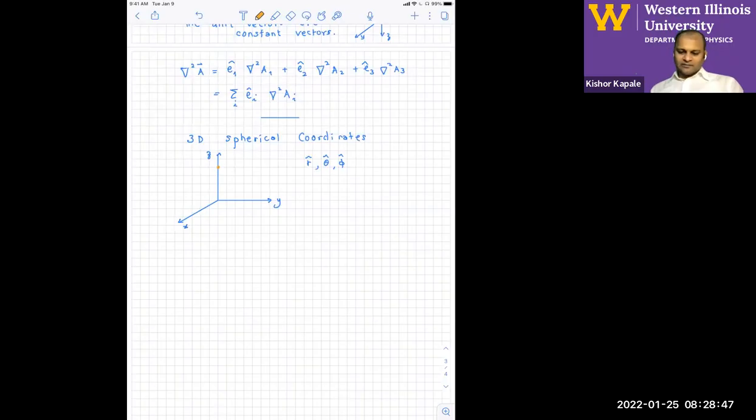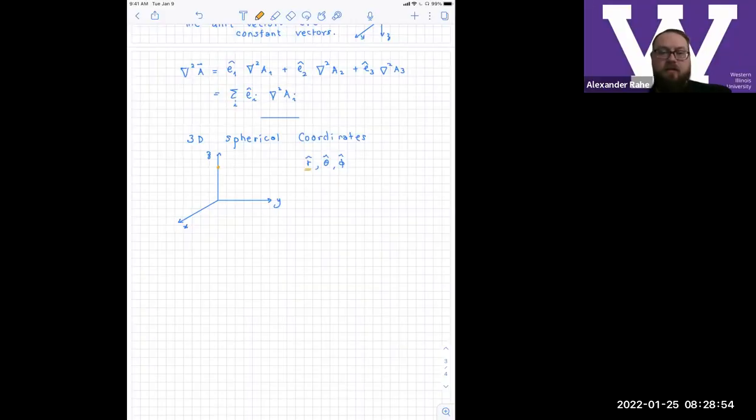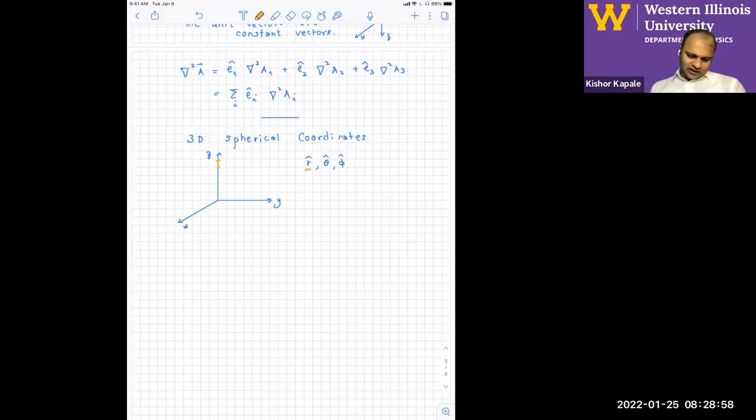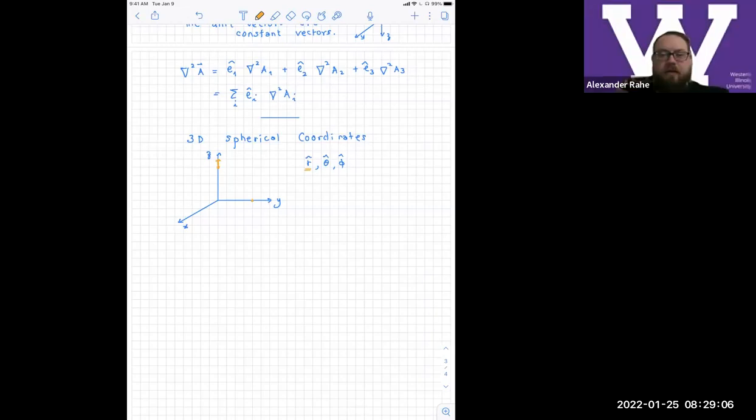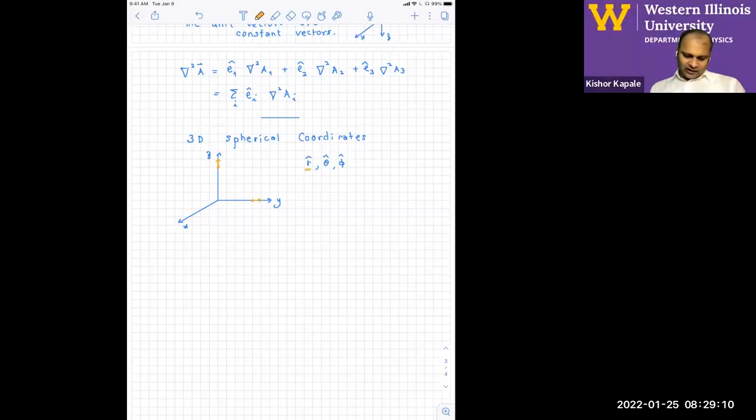Anybody? Looking at this. The z direction. Z direction, very good. So it's going to be upwards like this. That's r hat. What about a point here on the y-axis? What's the direction of r hat there? Y direction. Okay, very good. And naturally, of course, if you have some point on x, it's like that.